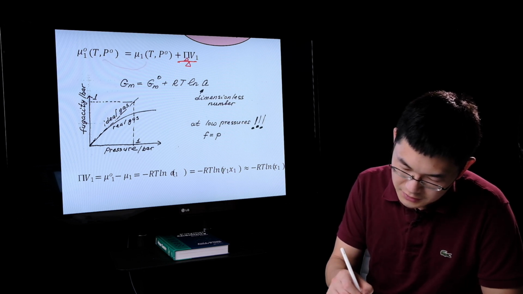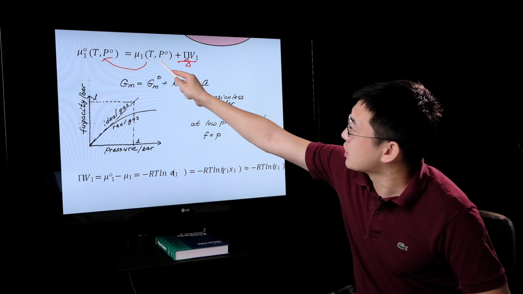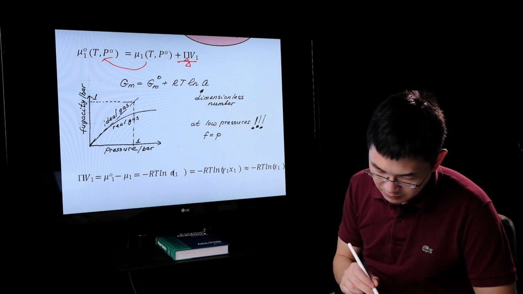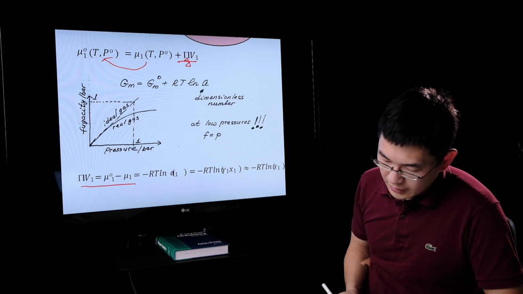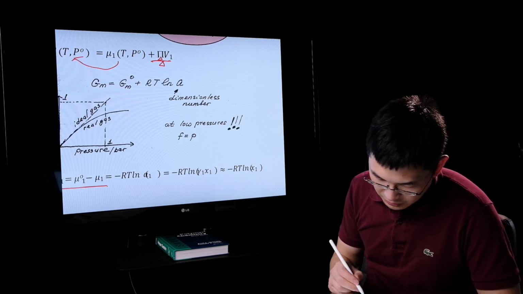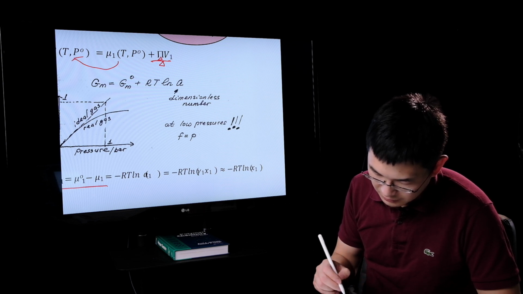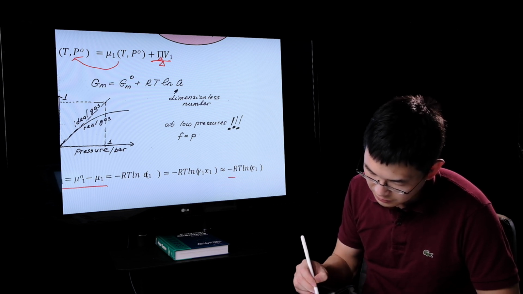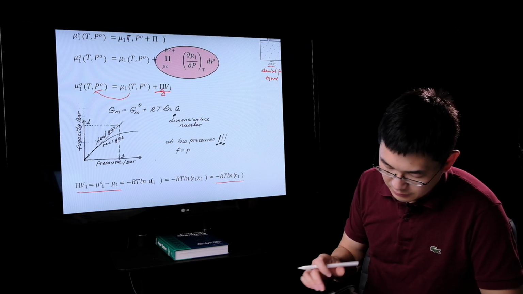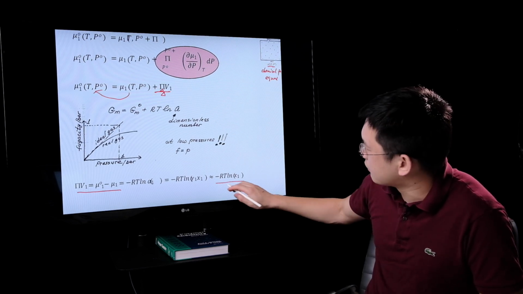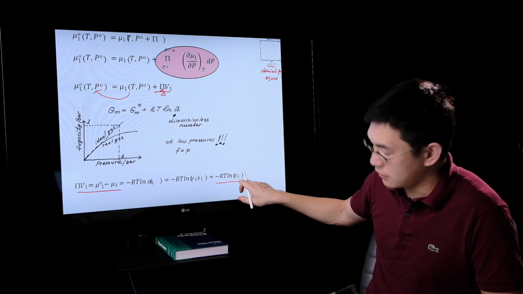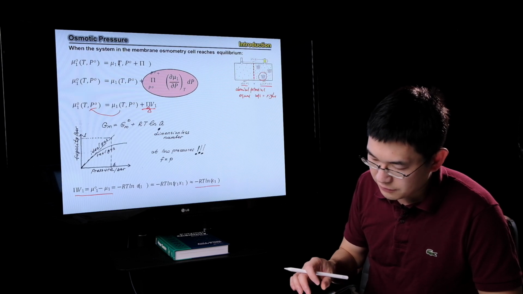So we're going to move this chemical potential term to the left and reach the equation as shown below. What you also need to pay attention to is mu1, mu2. You can further simplify this equation down here, where pi multiplied by V1 will equal minus RT log x1. x1 is the volume fraction for the minor phase.